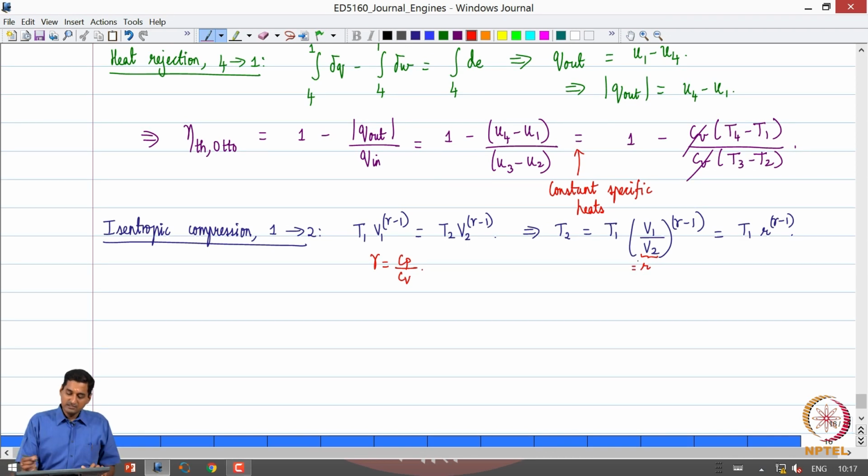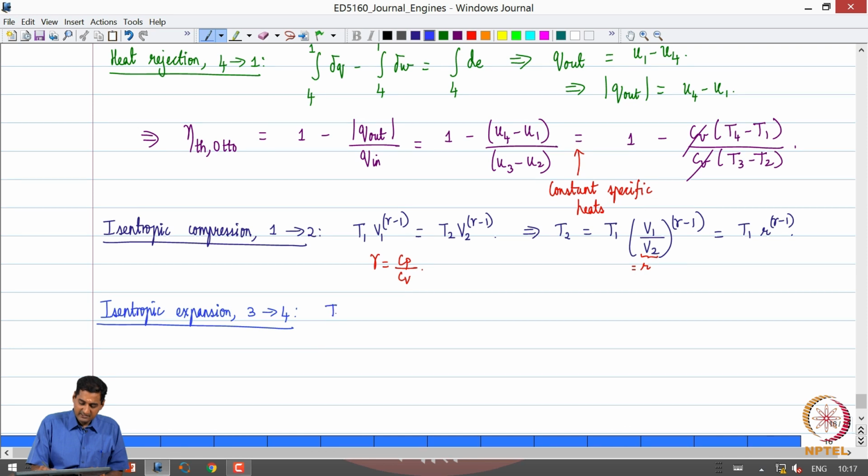Similarly, let us consider the isentropic expansion process, which is from 3 to 4.